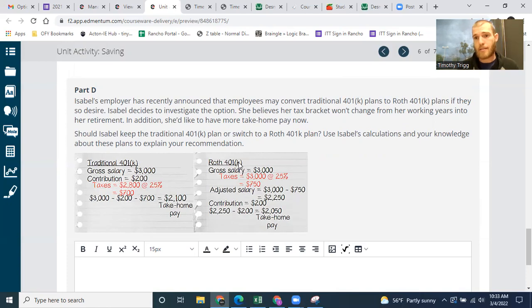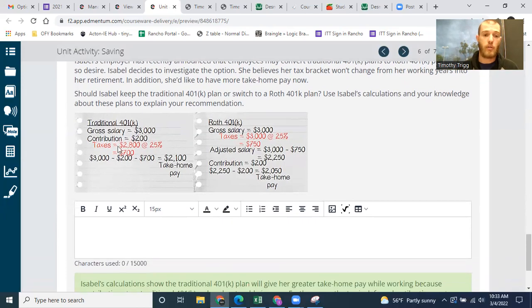Now, in Isabel's case, maybe she's older. She says she doesn't think her tax bracket will be different. Also, she says she wants more money now. So she wants the tax benefit now. So for her case, she should go with the traditional 401k. And you can see her take-home pay, her paycheck is $2,100 with the traditional.